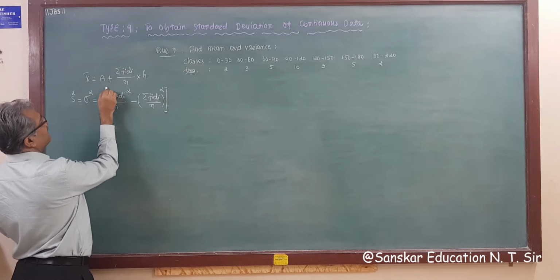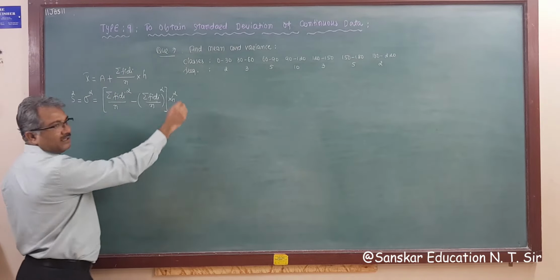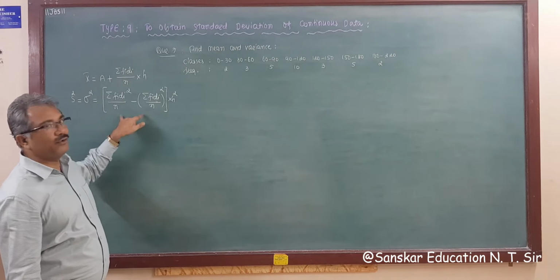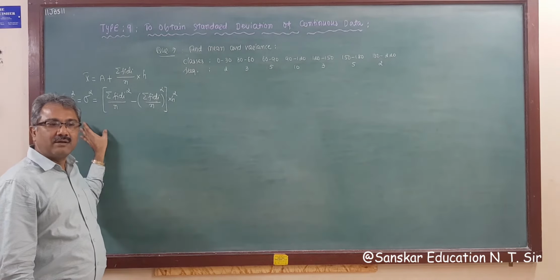This is continuous data, so you have to multiply with h square. And for standard deviation, we take the square root and multiply by h. If you are taking the square root, that is standard deviation.